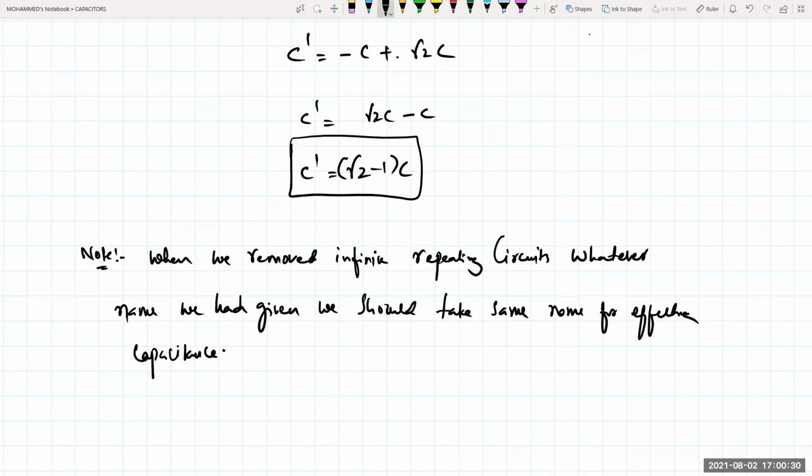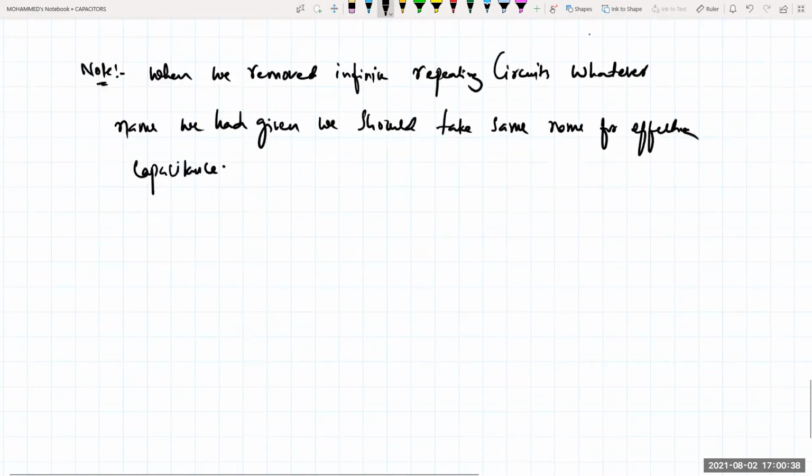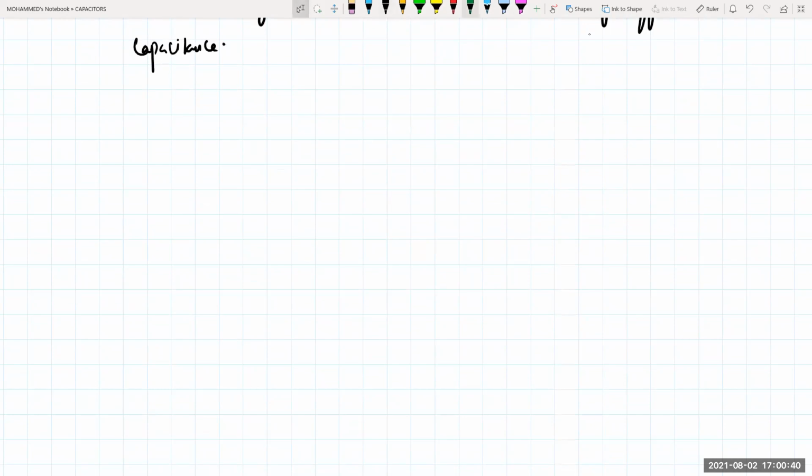So that is about your basic conditions when infinite number of resistors are taken into consideration. Is it clear? Now, effect of dielectric, beta. This is your capacitor.